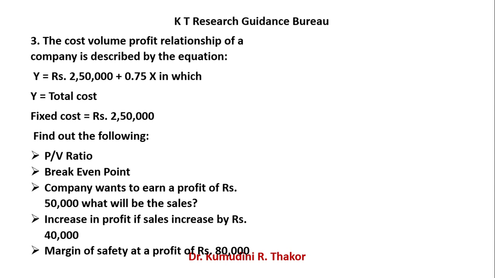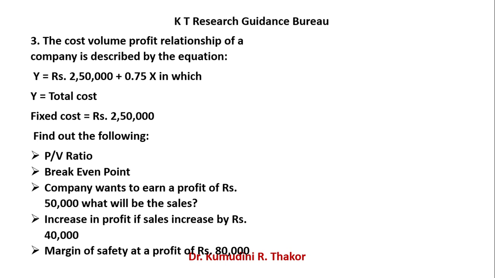Then the increase in profit if sales is increased by 40,000, and margin of safety at a profit of rupees 80,000. If you followed the equation clearly, then it is too easy to solve the problem.